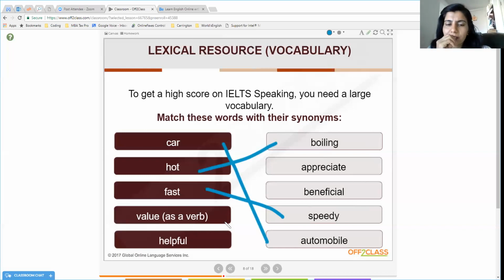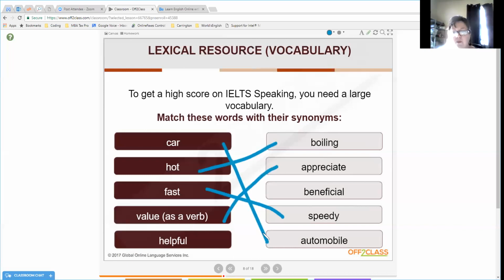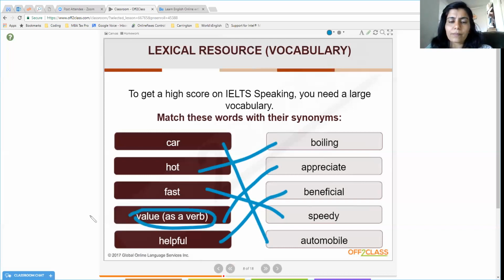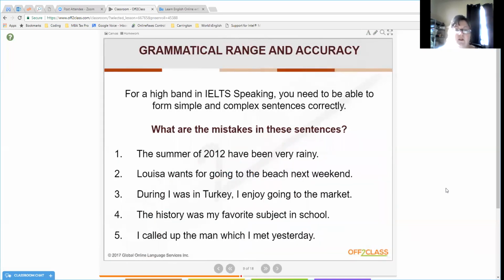Beneficial. Sure. I value your friendship. I appreciate your friendship. Okay. Helpful. Beneficial. Sure. So, yeah, when we have words with more than one meaning, it can be a little confusing. We have to think through it, but you did great. And in English, there are so many words like that, aren't there?